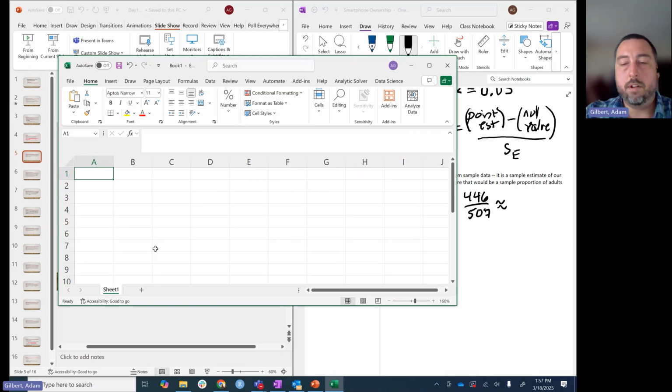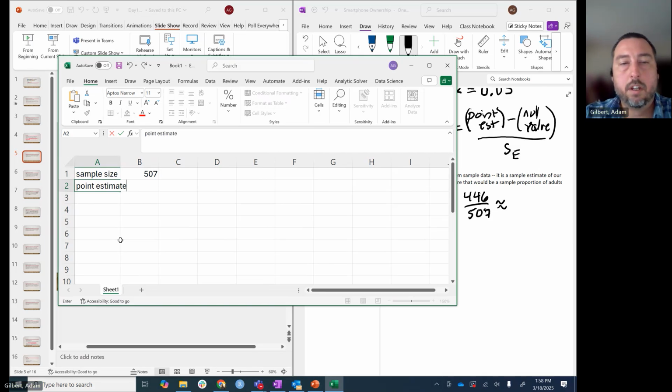So right now, we have a sample size, which is 507. We have a point estimate. That's going to be equal to, remember, we can type equals in an Excel cell, indicating that we want Excel to calculate something: 446 divided by 507.